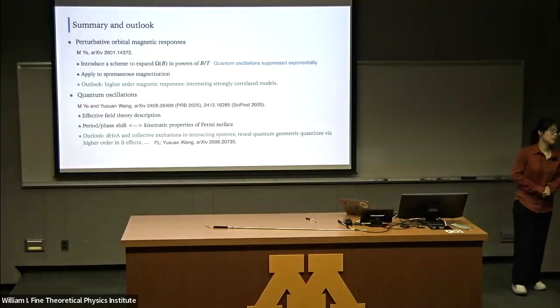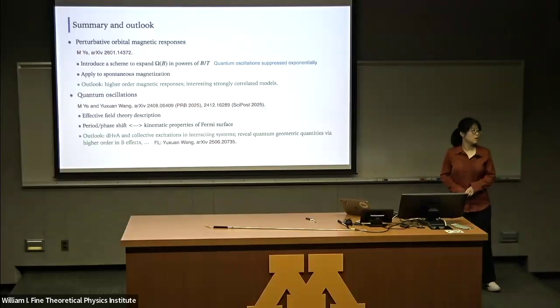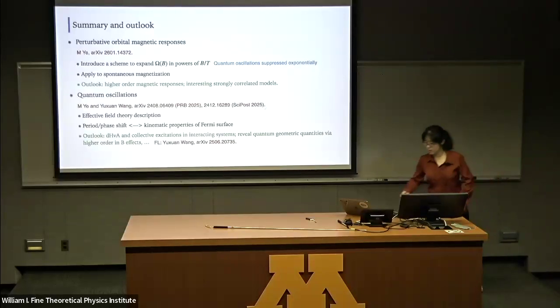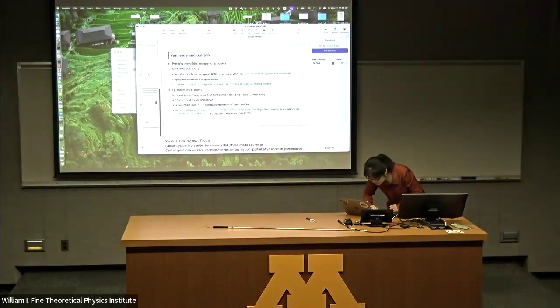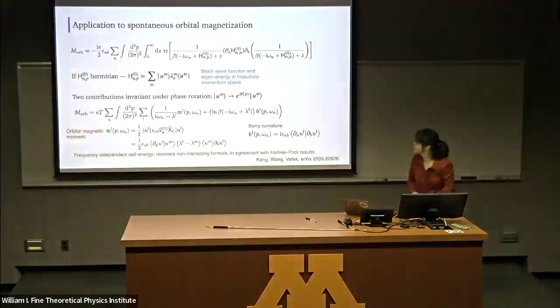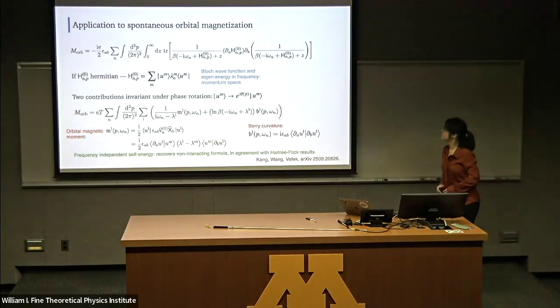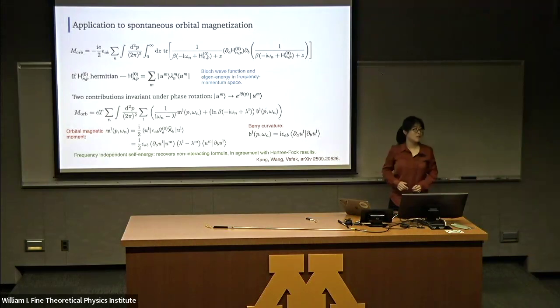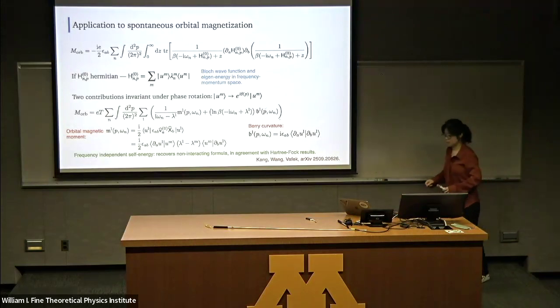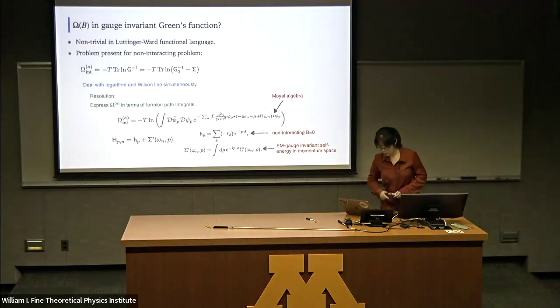Could you go back to the formula for the orbital magnetization in the first part? I just wanted to understand the formula better. So what exactly is H naught in P? Yes, that somehow includes the self energy, the full self energy.